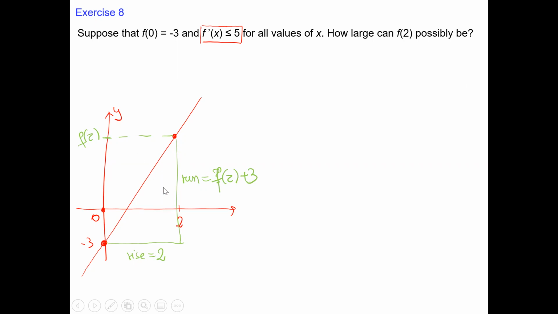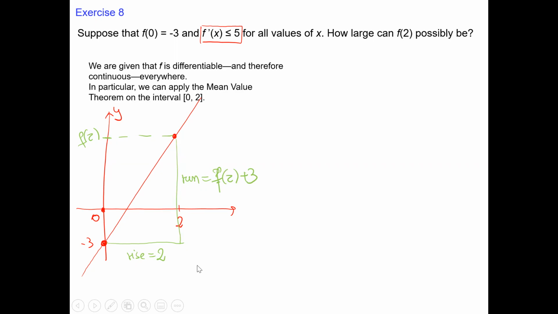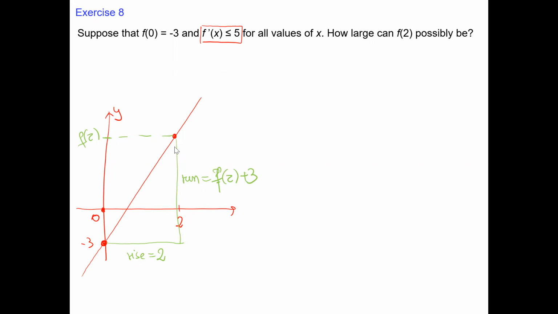We may think this way: that whole change in y, delta y, divided by 2 has to give 5, because the slope is 5. What number divided by 2 is 5?